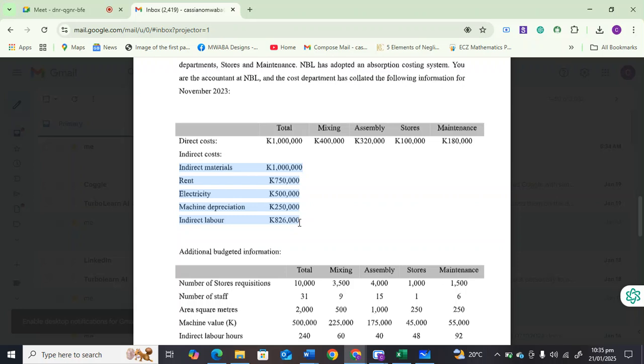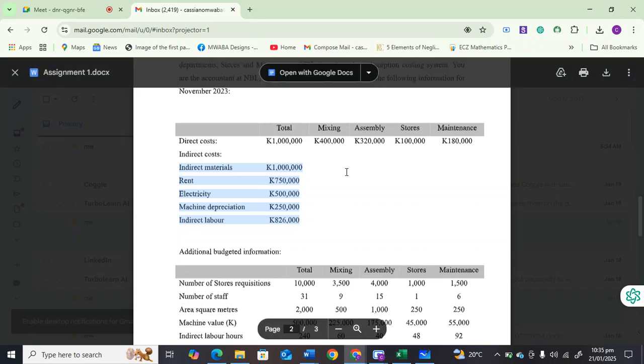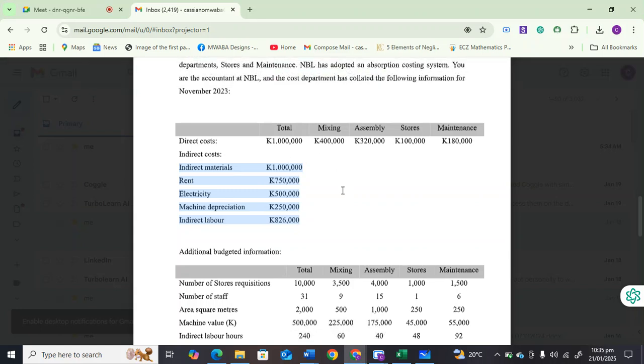The absorption base can be the number of units. For example, if the total overhead for mixing is 1 million, and your absorption base is 1,000 units, you just divide that 1 million by 1,000 units, and you get your overhead cost per unit.